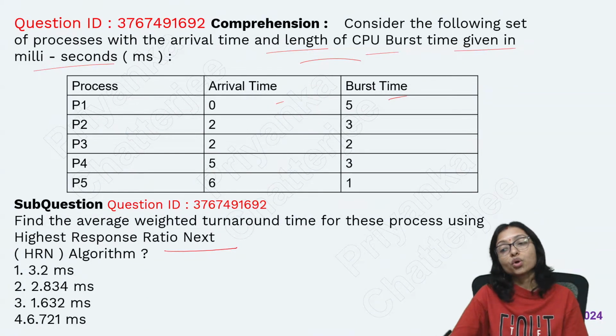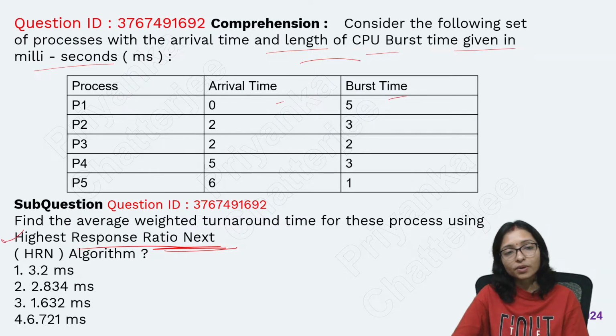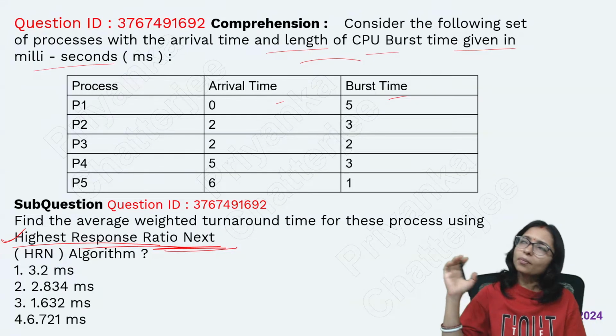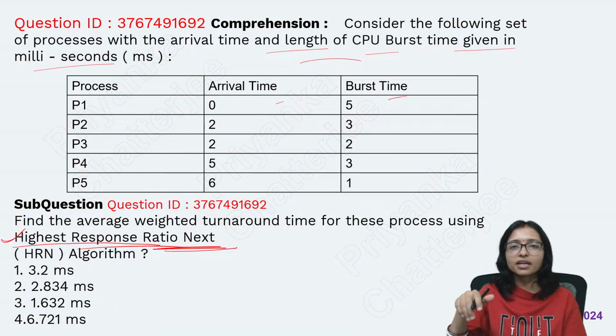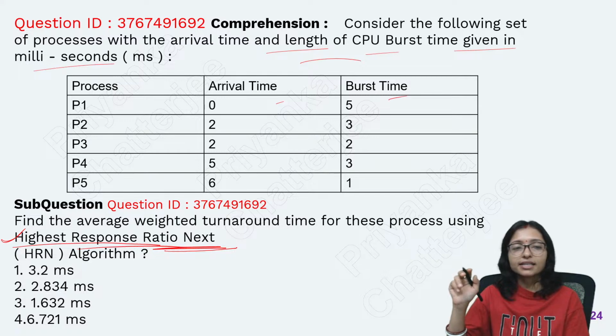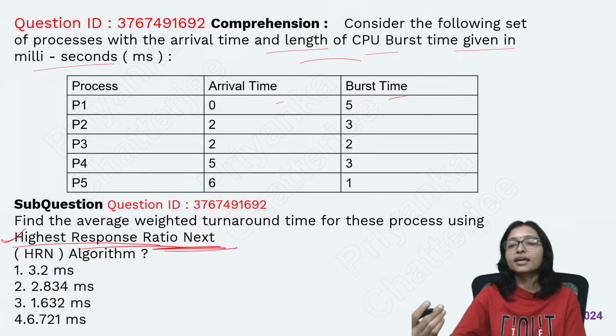Those who don't know what Highest Response Ratio Next is and how to do it, for this particular question I have uploaded one video long back ago. You can check that video on this channel only. Please watch that, because if I explain again, it will be a waste of time.